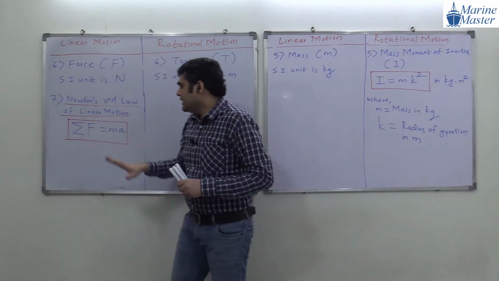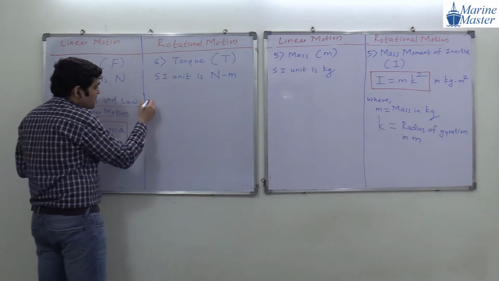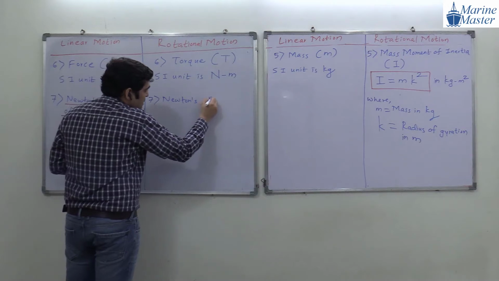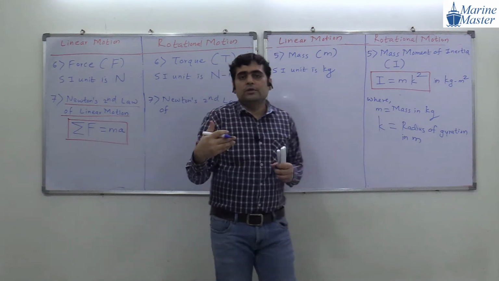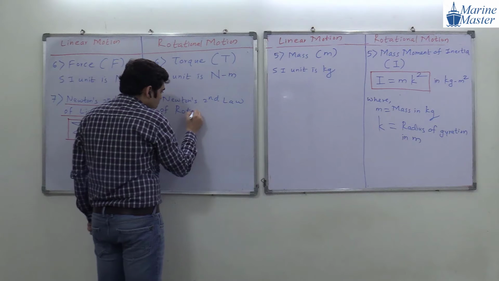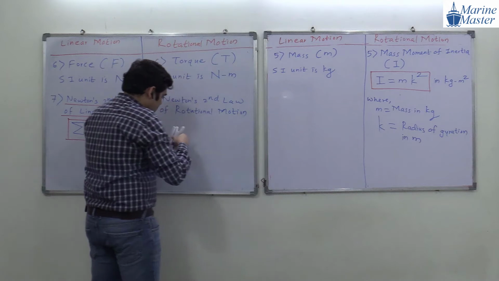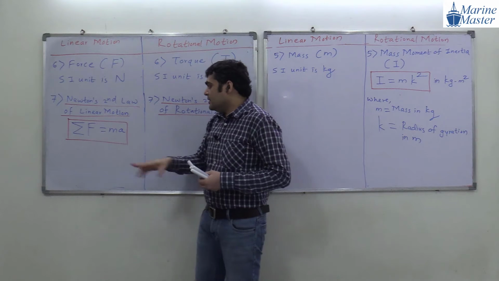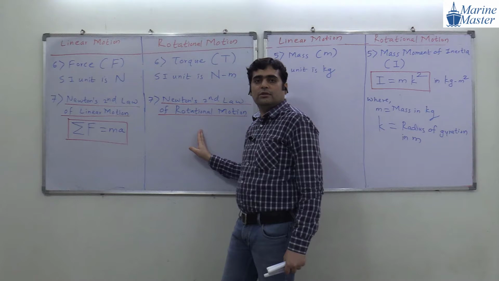Now similarly, here we have seen Newton's second law of linear motion. So what will be the 7th point here? Newton's second law of rotational motion. Very good. So what will be the expression for Newton's second law of rotational motion, everyone? Instead of F, what can we use in rotational motion?